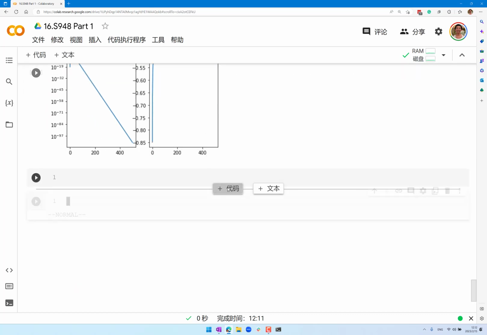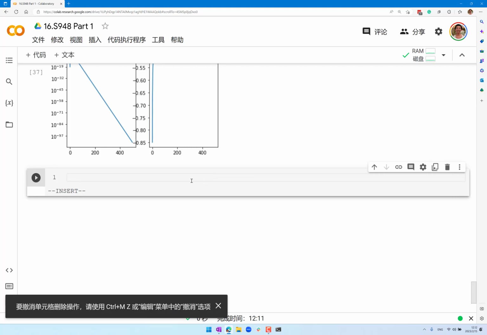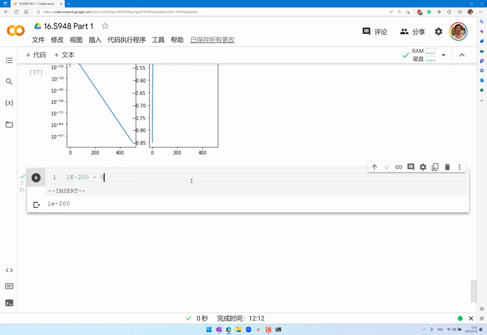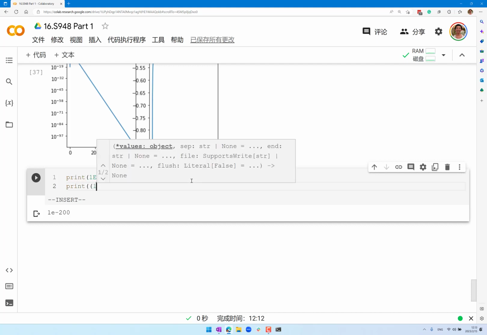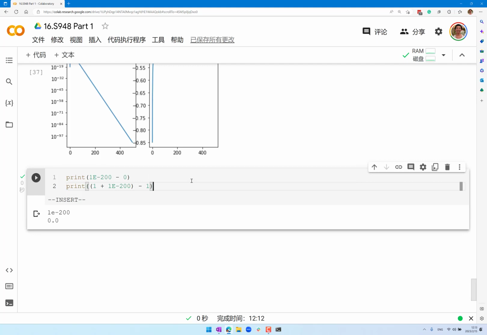So let me illustrate it over here. If I do 10 to the minus 200 minus 0, that's still going to give me a precise answer, right? That's basically if the fixed point is at 0. If the fixed point is at 1, and I do 1 plus 10 to the minus 200, then subtract it from 1, I'm not going to get the right answer.